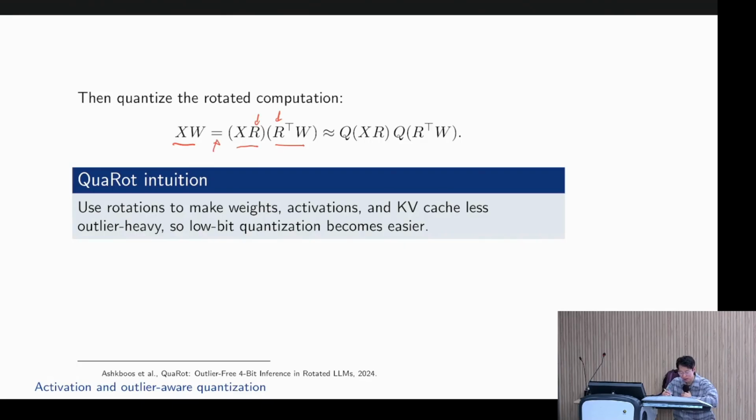But when we quantize, they make a difference: quantize xR, quantize R transpose W. So rotations make weights, activations, and KV cache less outlier-heavy and reduce the overall quantization error. This doesn't solve all the problems, so we're going to talk about non-uniform quantization, vector quantization, etc.